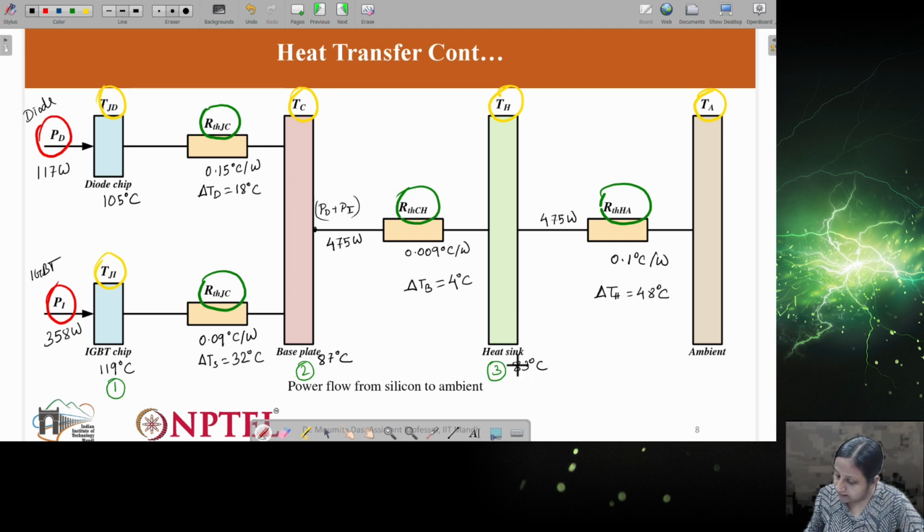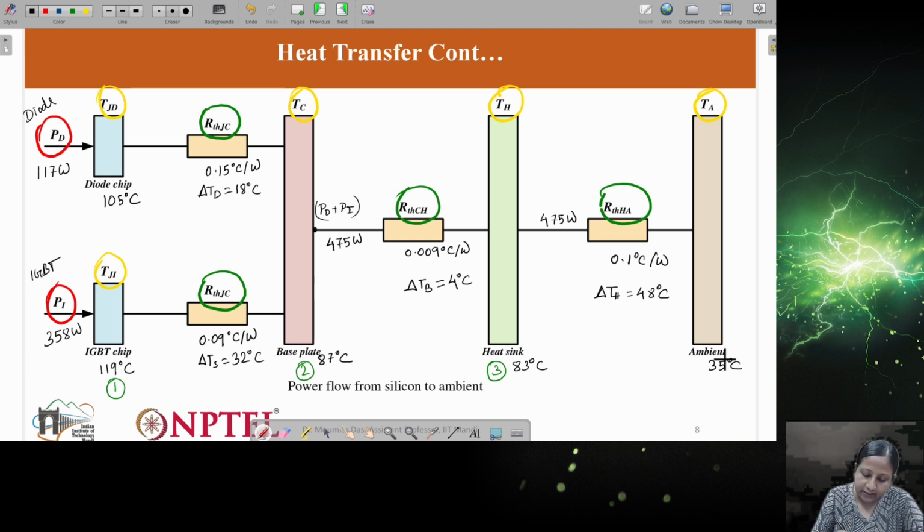Then this heat sink temperature 83 will be subtracted from this temperature, which will be dropped in this thermal resistance. Then the ambient temperature will be equal to 35 degrees Celsius. Okay. So this is what will be there in the ambient.